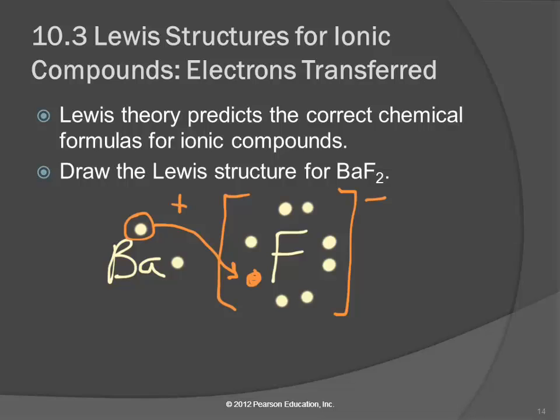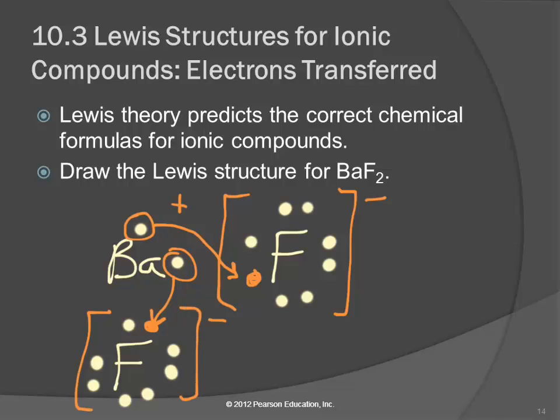So what barium needs to do is find another fluorine. So here's another fluorine, and this one also has 7 valence electrons. And the barium can give this other electron to this fluorine. That becomes fluoride. And now the barium has a 2+ charge.